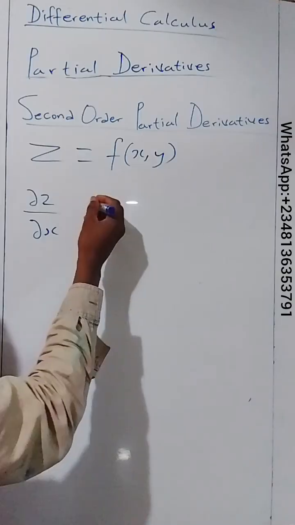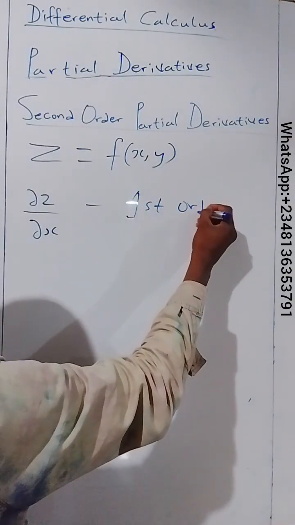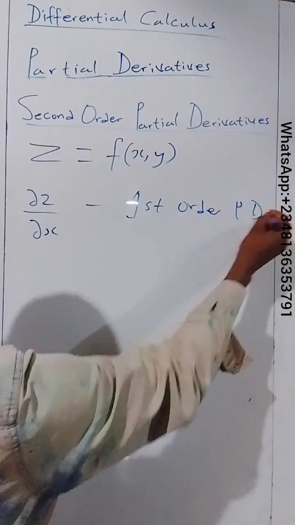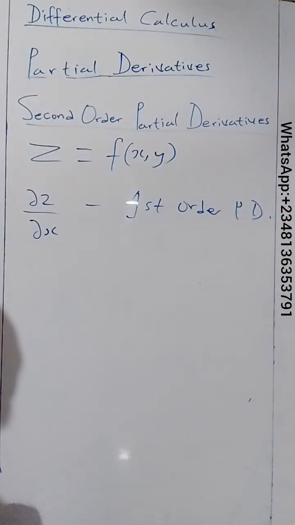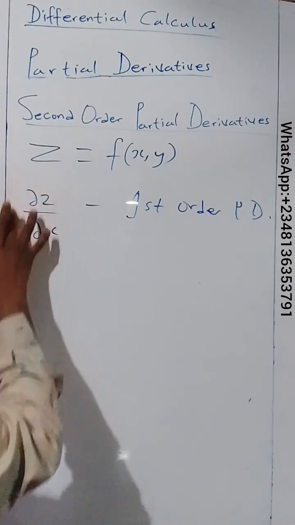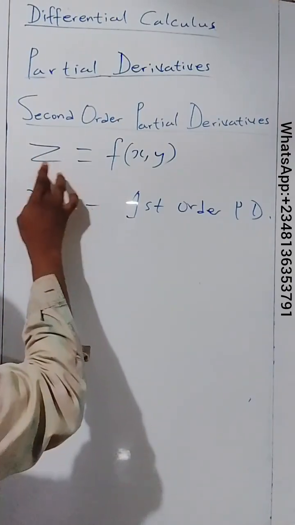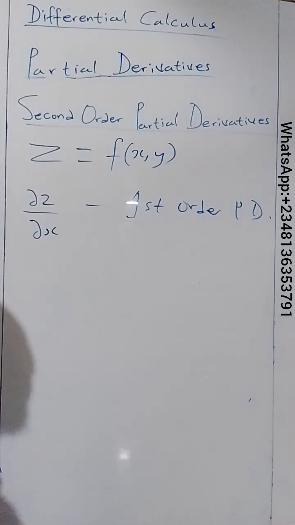So this is our first order partial derivatives. Now, if we are to derive the second order partial derivatives, what we are going to do is simply find the derivative of these first order partial derivatives.